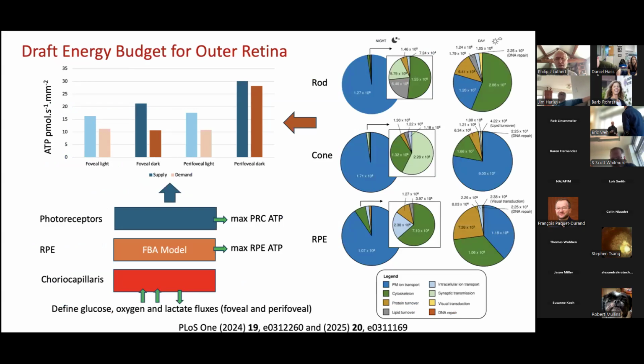But what we have done, and this came out end of last year, beginning of this year, was a very rough and ready tentative attempt at getting what we rather grandly want to call an energy budget for the outer retina. And the idea here, as we work from the right, was to try and get a handle on how much ATP rods, cones, and RPE consume in the light and the dark.